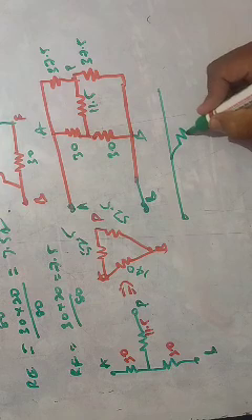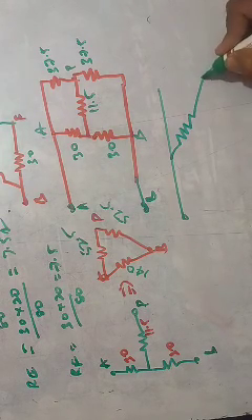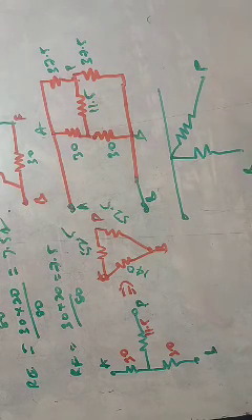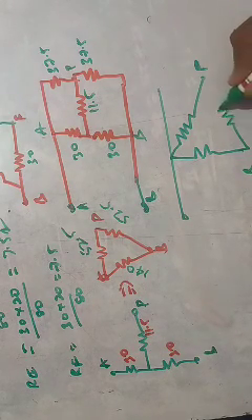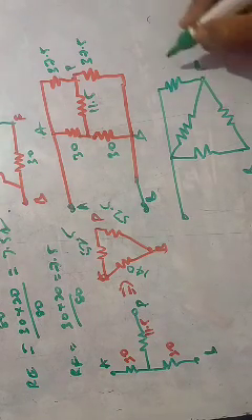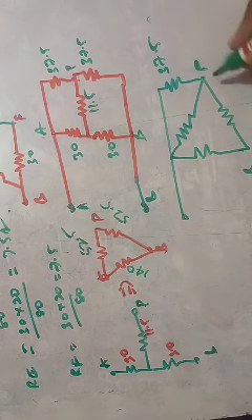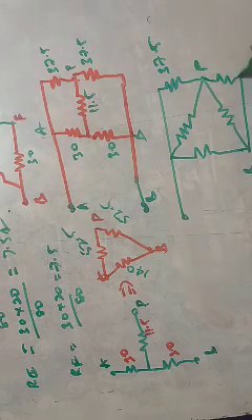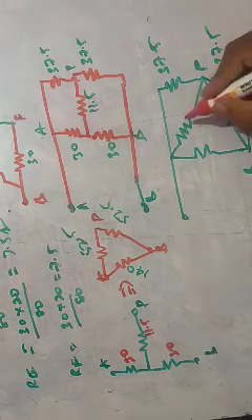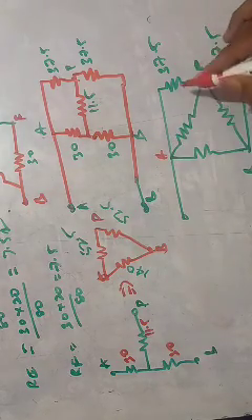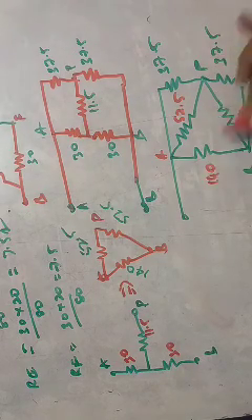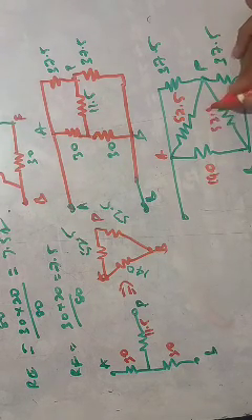This is P, this is B. Earlier, this was 37.5. This from B to P is also 37.5. Just now we have found this one. This is B, this is A. This is 52.5, this is 140, whereas this is 52.5.